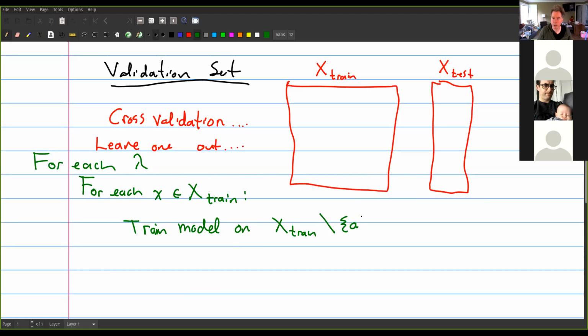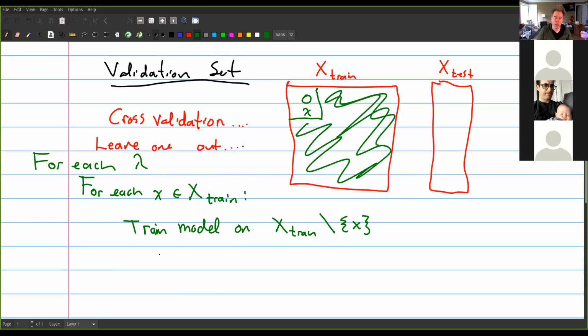I don't know if you guys have ever seen this set-minus notation before. It means the training set without little x. So we train a model on everything except for little x. We don't train on that, we just train on everything else. And then we use this to make a prediction y hat about little x.